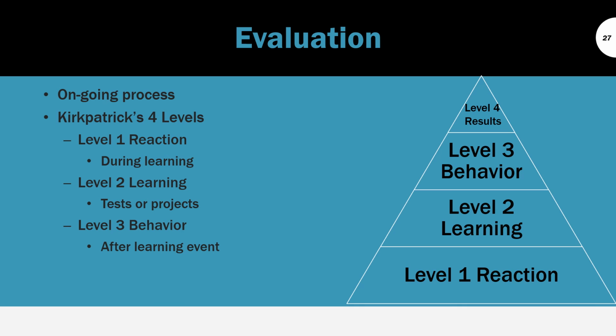Level 3, behavior evaluation. This level can be difficult to execute if front-end analysis has not been accomplished. This evaluation requires observation of learner behavior after they leave the learning event and comparing this behavior to the pre-learning event behavior. Has behavior changed outside of the learning environment?